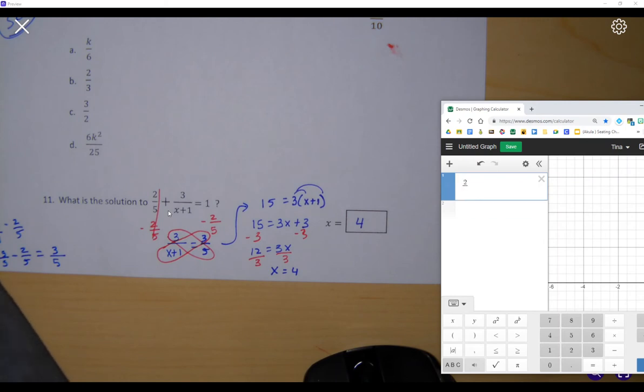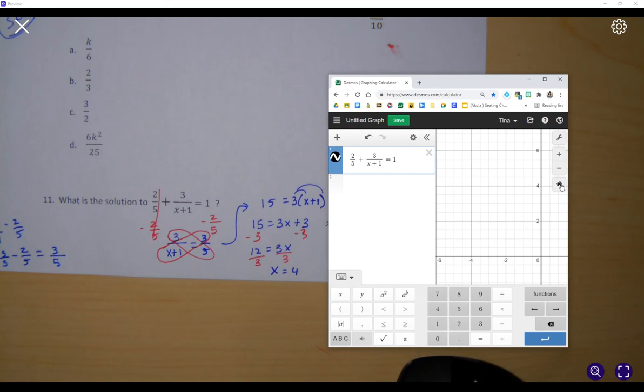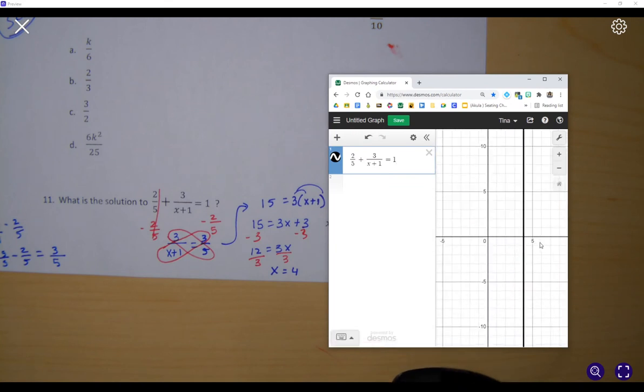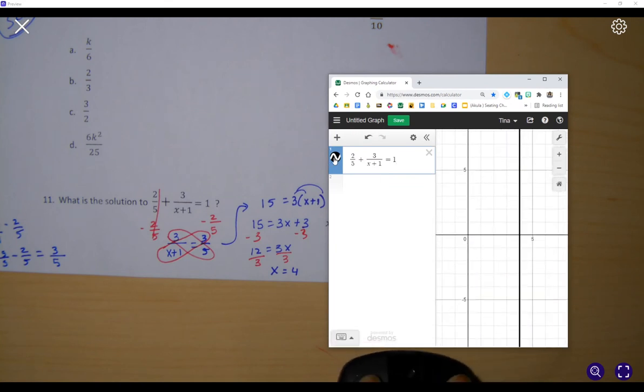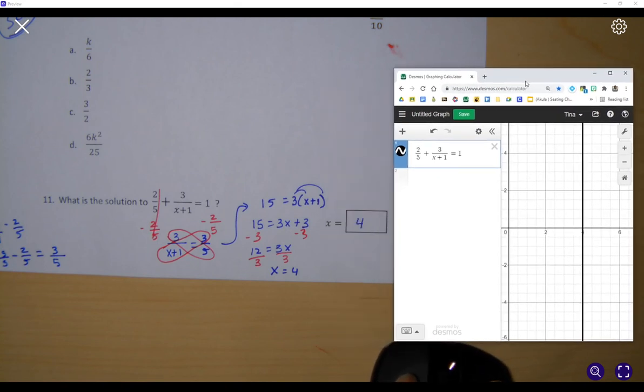You can do 2 over 5 plus 3 over x plus 1 equals 1. And then on Desmos, I like to press the home button, and then you just zoom in. See, that's the answer right there. 4 is my answer. So equations you can definitely do in Desmos.